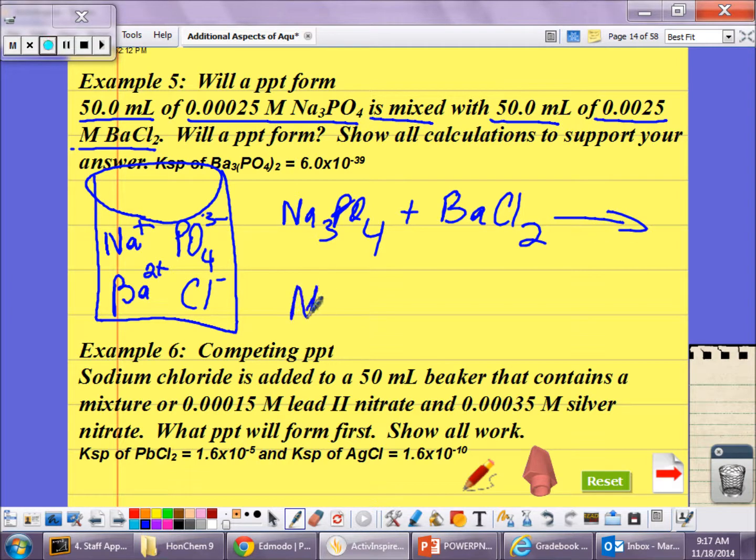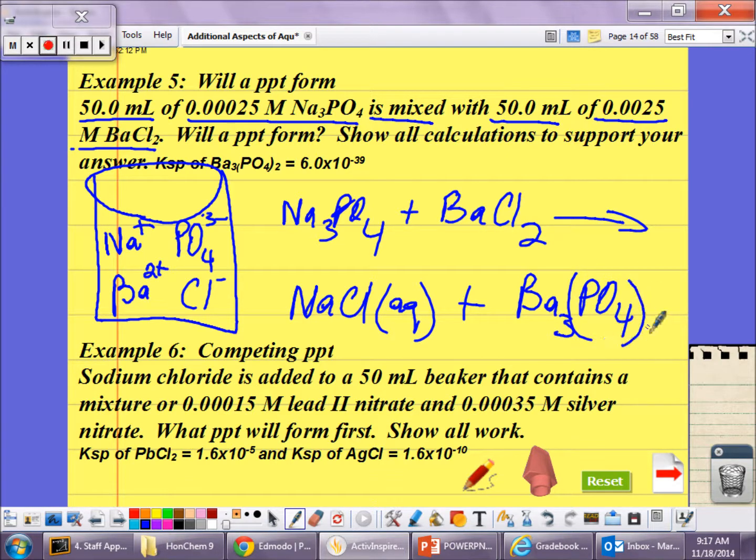We have sodium chloride, which is soluble, plus barium phosphate: barium is group 2 plus, phosphate is 3 minus, therefore barium phosphate is Ba3(PO4)2. Now, this is soluble, this is soluble, this is soluble. So we need to write our net ionic equation.